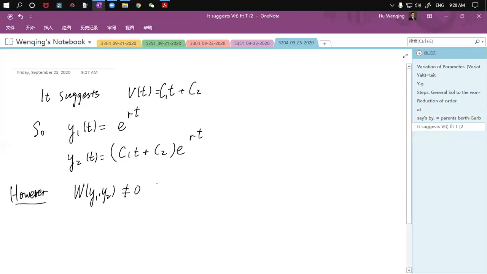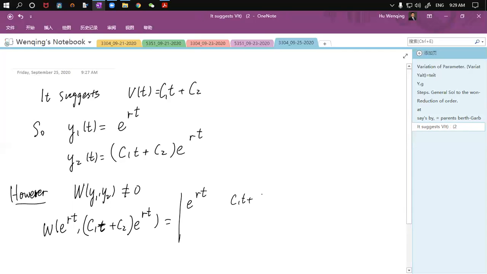And what about the Wronskian? Well, the Wronskian is e power rt, c1t plus c2 multiplied by e power rt.